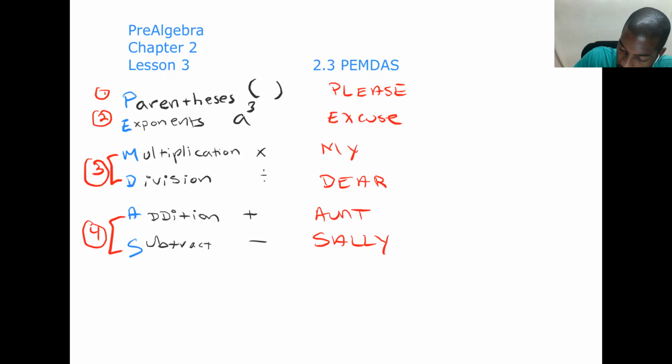And I want you to use a different color for each beginning letter, like I have done here. This is going to be extremely helpful to you every time we solve a problem. I'm going to give you about 15 seconds to write this down. Please write down the parentheses, exponents, multiplication or division, addition or subtraction, and also write down next to it the acronym, please excuse my dear Aunt Sally.